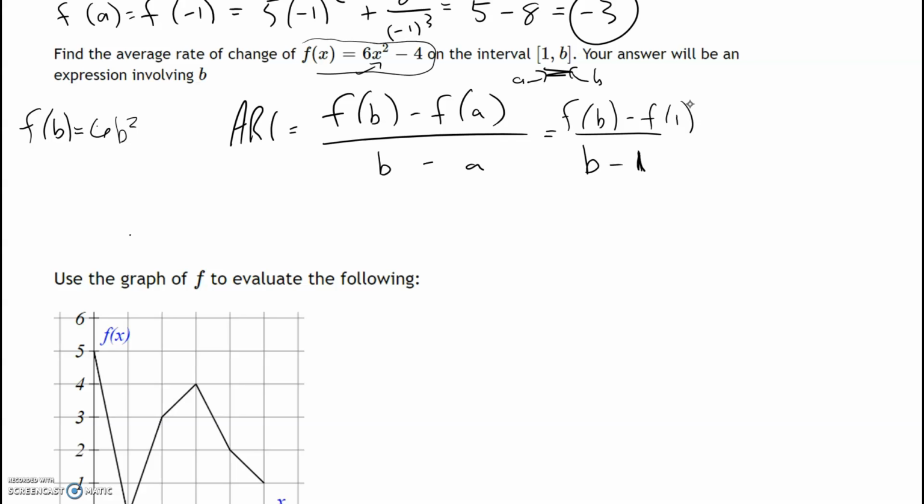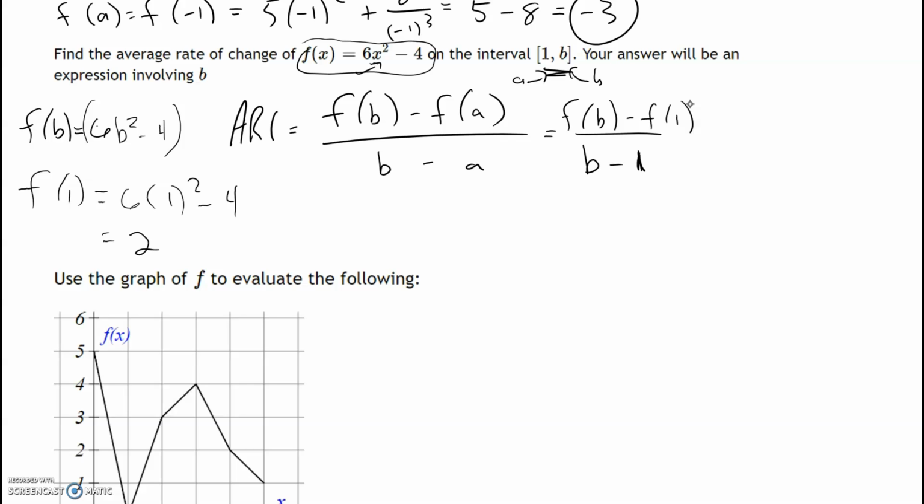Let me circle it. I got to plug in b to that function. So what's f of b? I plug in b everywhere I see an x, so it's 6b squared minus 4. And again, that's all I can do with that. That's f of b. F of 1, just like in the last example, I can figure that out. 6 times 1 squared minus 4 is 6 minus 4, which is 2.